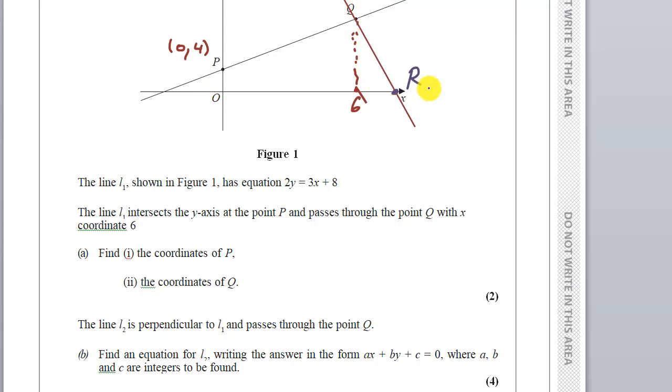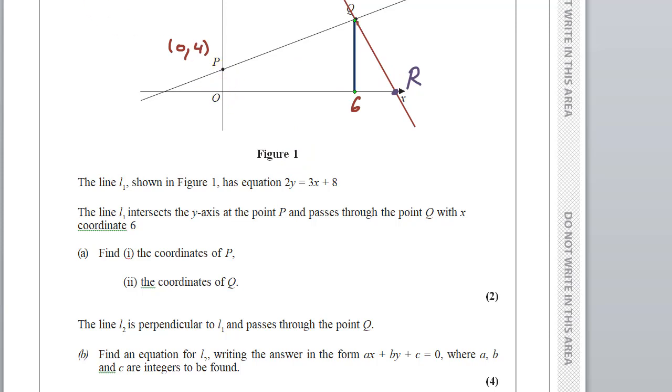So all of this area will be the trapezoid OBQ and this point, plus the triangle Q, this point and R. So trapezoid plus triangle. Take it into consideration.